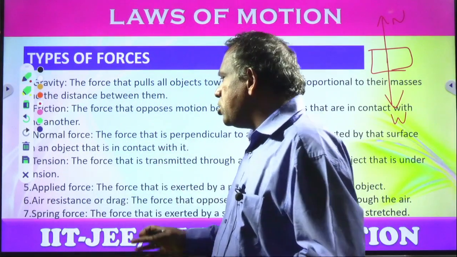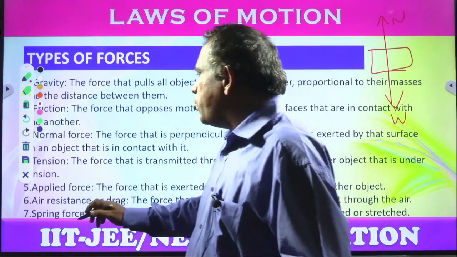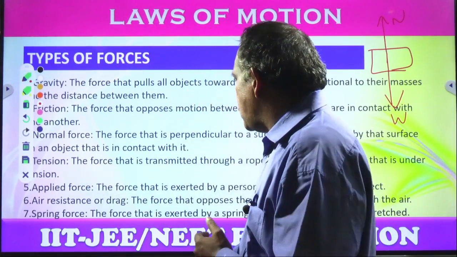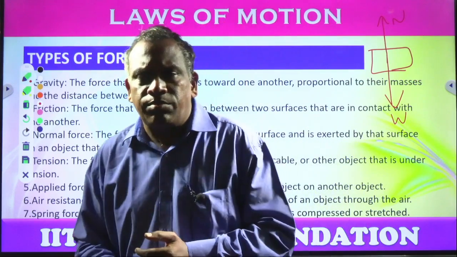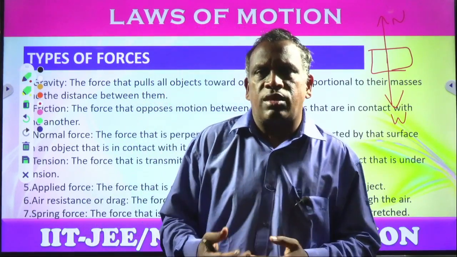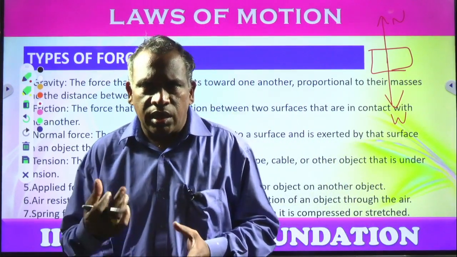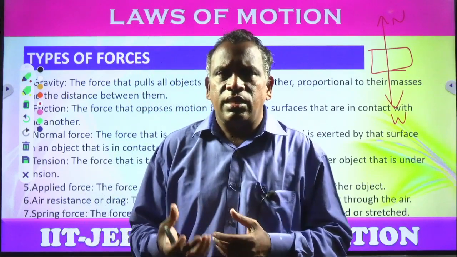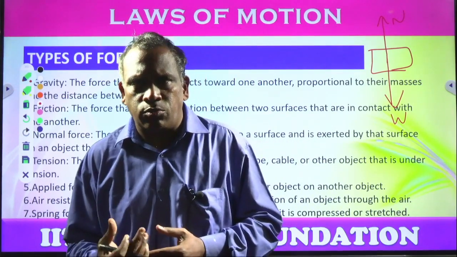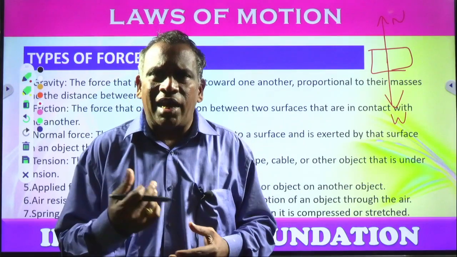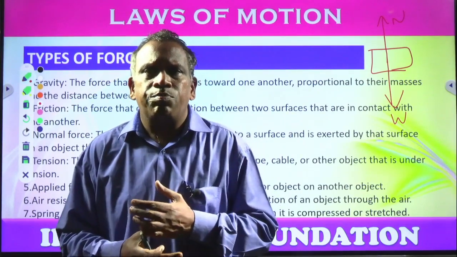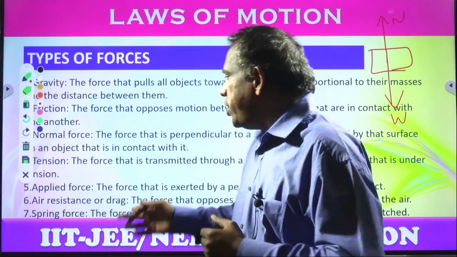Coming to the next one, the tensional force. What is tension? Tension is the elastic restoring force of an object. In strings there is a restoring force which balances the weight of your body. That restoring force we call tension.